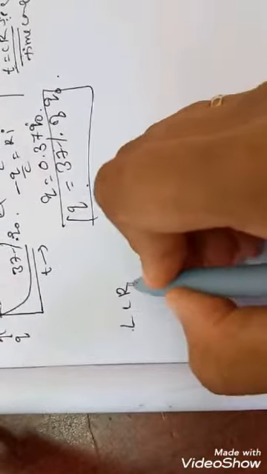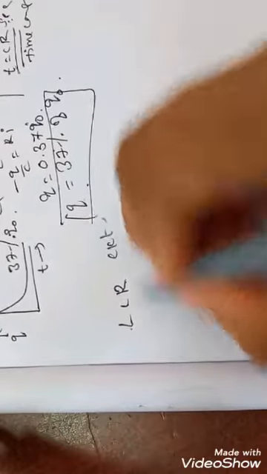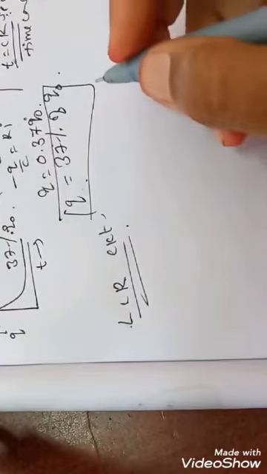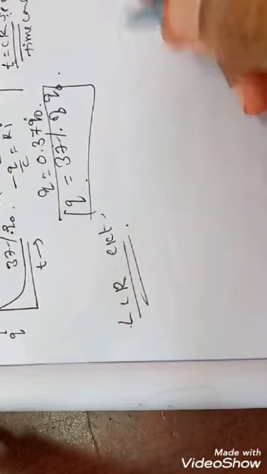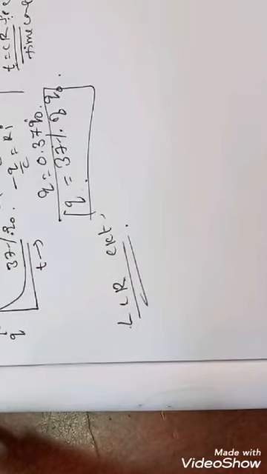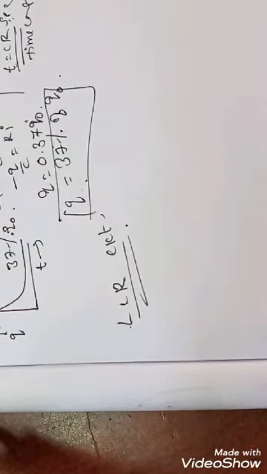Right? Now let us move on to the LCR circuit: inductor, capacitor, resistor. So now what happens in the LCR circuit? Let us see. First let us draw the circuit.